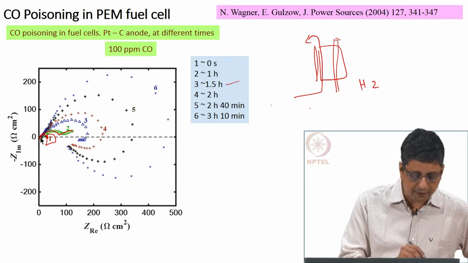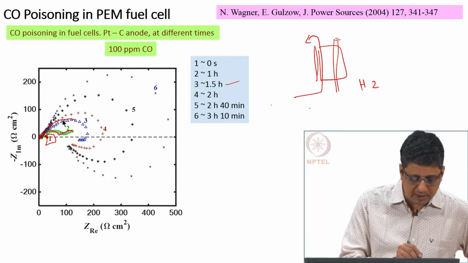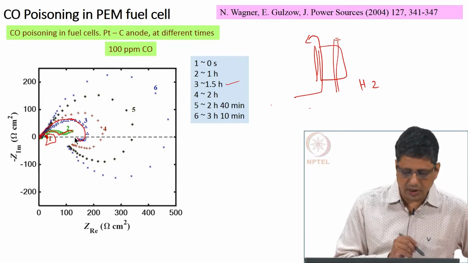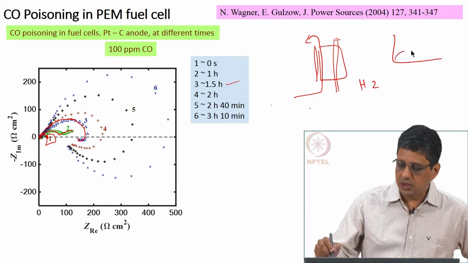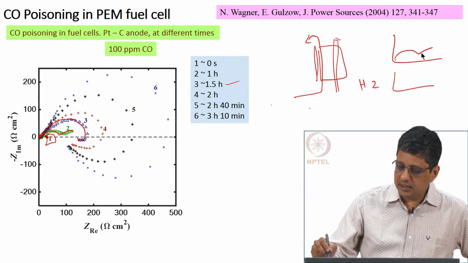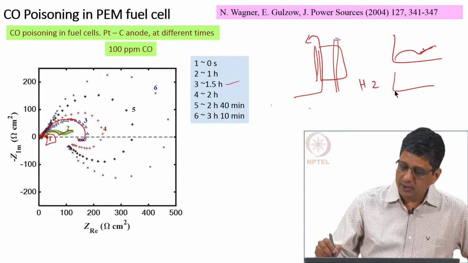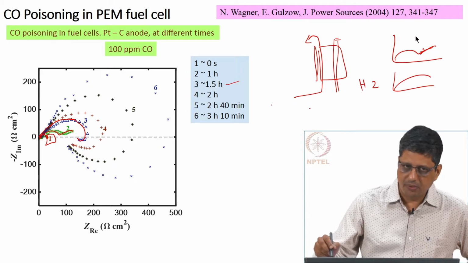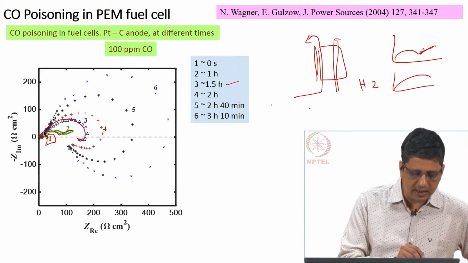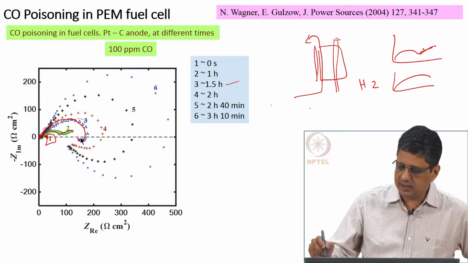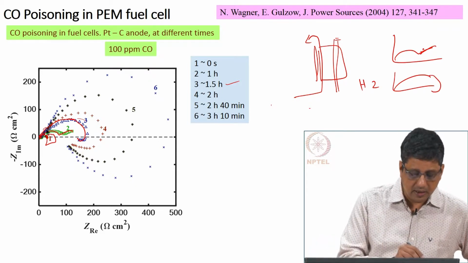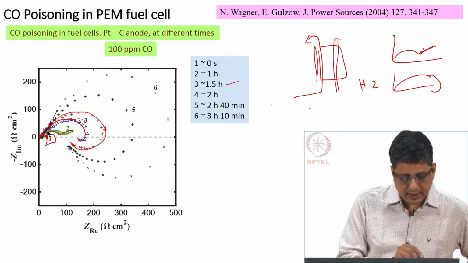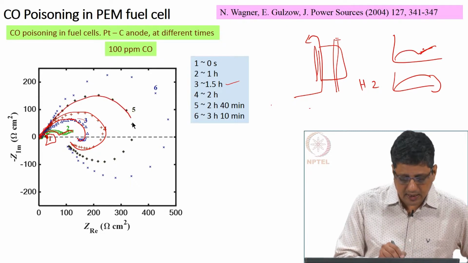After hour and a half, actually 2 semicircles are merged together, and in addition you have an inductive loop. So, initially it looks like this, second this loop becomes larger and larger, that it actually becomes like one semicircle. It is not a semicircle really, it is actually 2 semicircles combined, comes like this. You can see it is not really a semicircle, right.